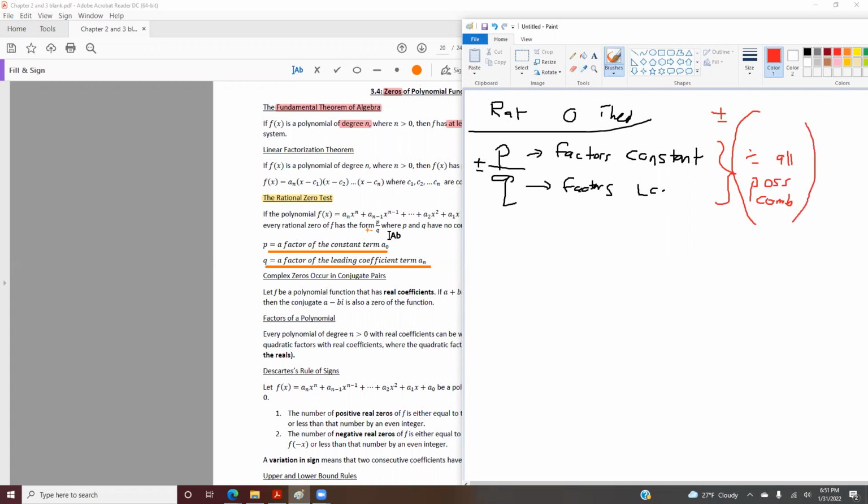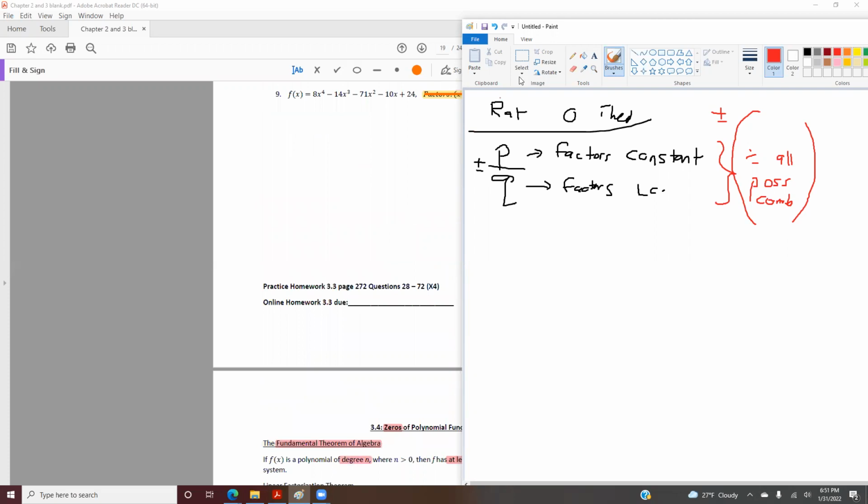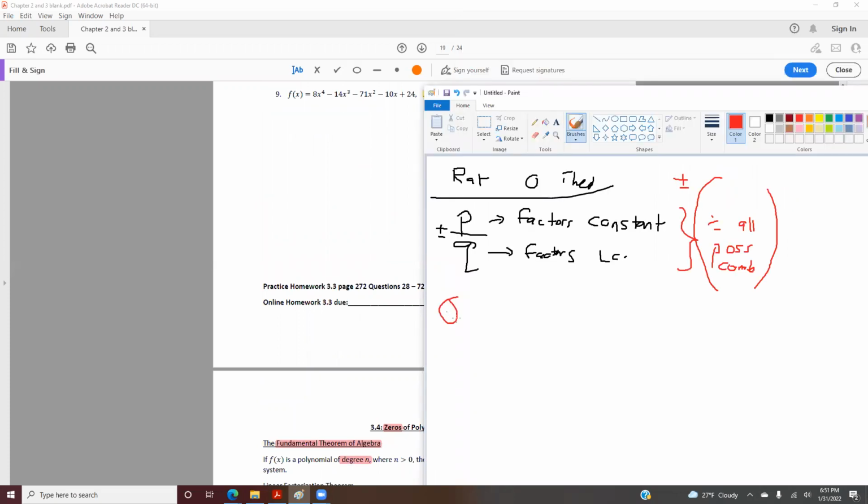So I'll give you an example here, like question number 9. It's given us that f of x in this case is 8 plus 24.